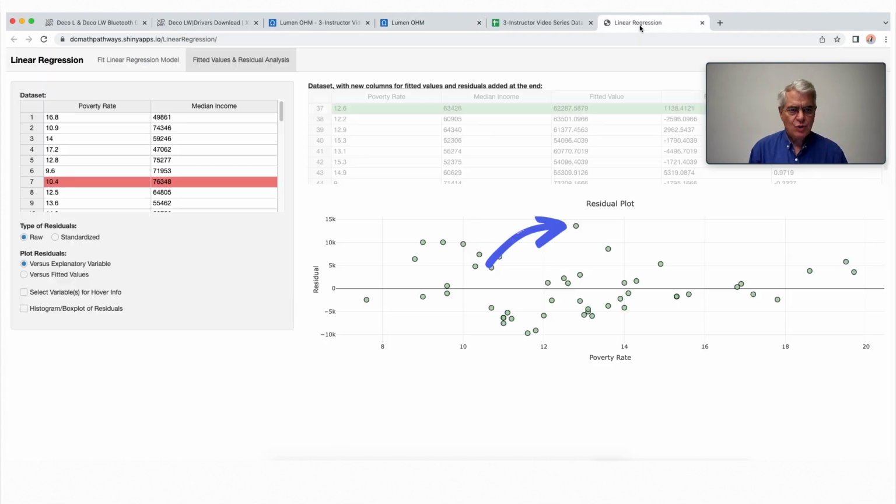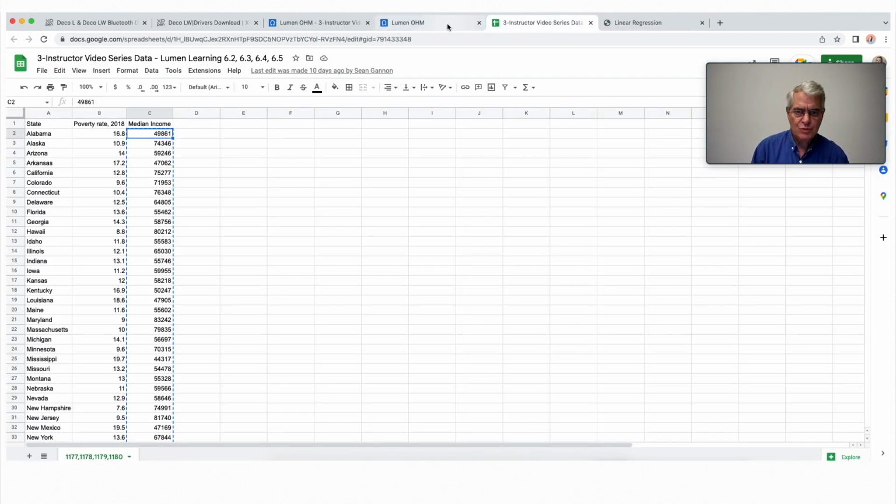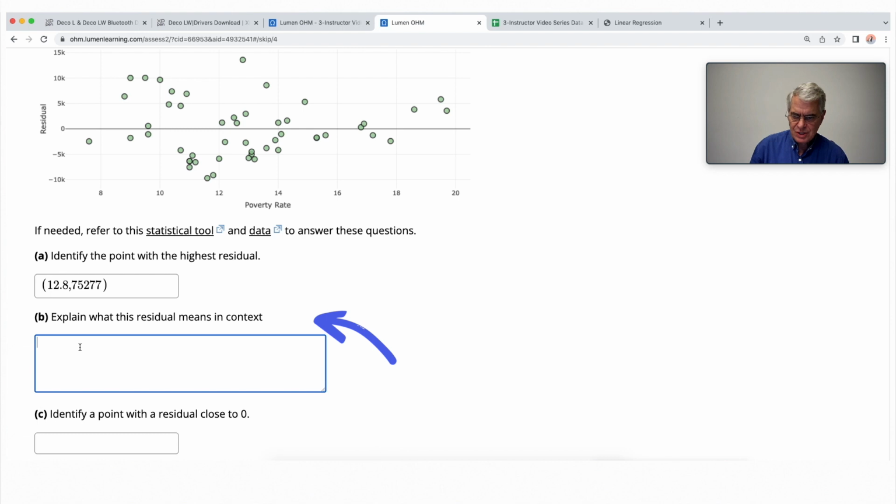That residual, as you remember, was $13,596 off. What does this residual mean in context?